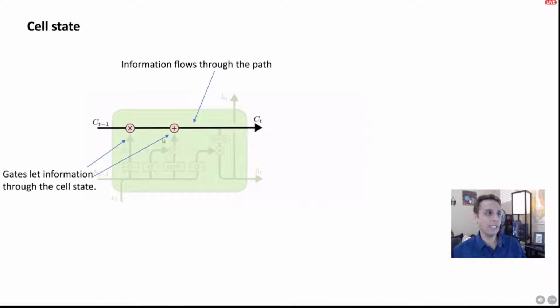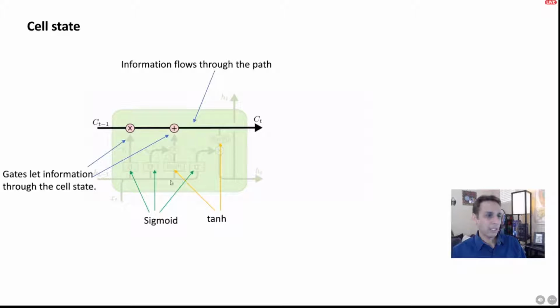So now let's actually look at this. The top part we already mentioned. The information flows through this path, and the gates are letting the information through the cell state. So the forget gate can be 1, and then it multiplies this information with 1, so nothing gets forgotten and everything goes through. And this is the next gate and the next gate and so on.